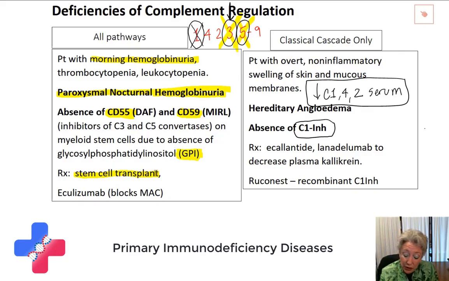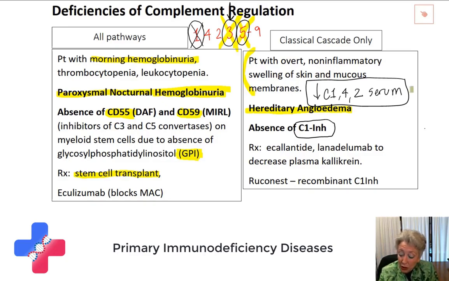I should have mentioned the classical cascade problem with C1 inhibitor being lacking causes hereditary angioedema, and you should think of this as looking quite similar to a patient who has atopic allergy. It's repeated bouts of inflammation of the mucous membranes, and so that can look considerably like someone who has an allergic hypersensitivity to something.